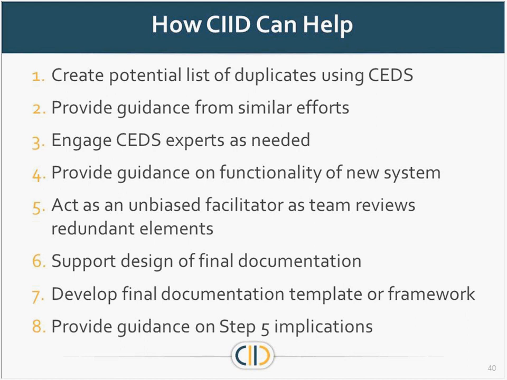We can help as well with design documentation, thinking about how that relates to Step 5. We put a lot of thought into the toolkit, how it flows from Step 1 through Step 7, so kind of forward thinking we can help with.